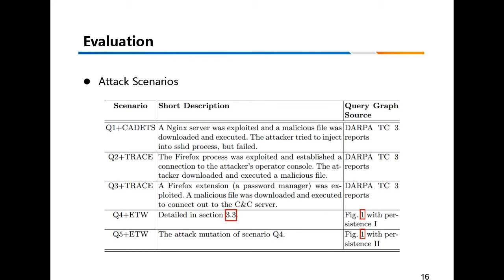To evaluate the efficacy of DeepHunter, we utilize provenance data which contain 5 APT attack scenarios, including 3 real-life APTs, which are from the DARPA-TC engagement, and 2 synthetic APTs. For each of the attack scenarios, the corresponding query graph is also provided.